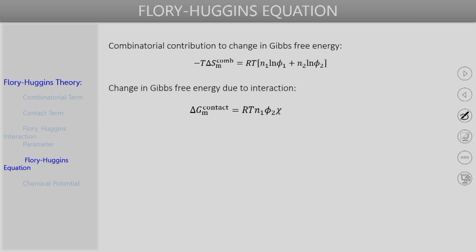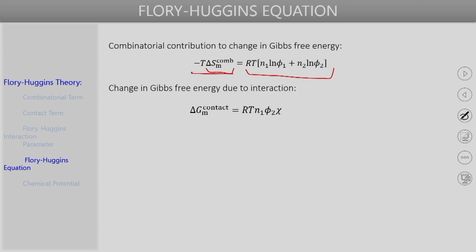The combinatorial contribution to the Gibbs free energy change will just be minus T times the combinatorial entropy change. If we substitute the expression we developed earlier, this comes out to be RT times N1 ln phi 1 plus N2 ln phi 2.